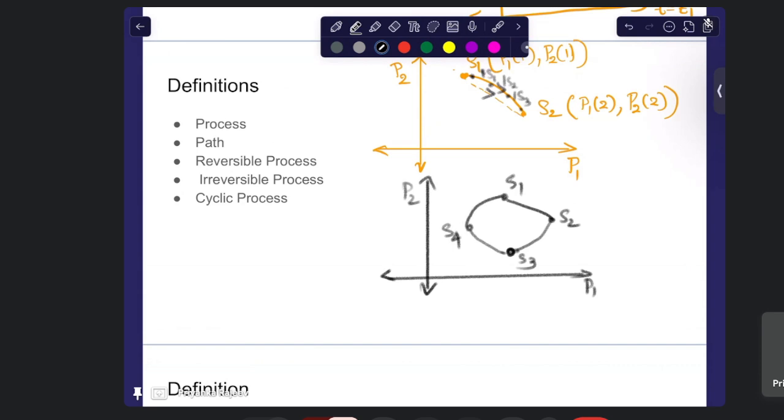So the initial and final state are the same, and it is going through a sequence of processes. That is called a cycle or a cyclic process.